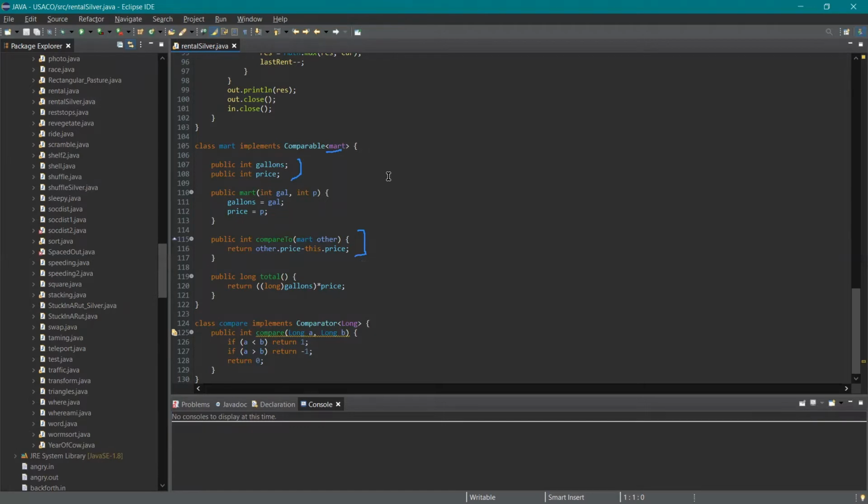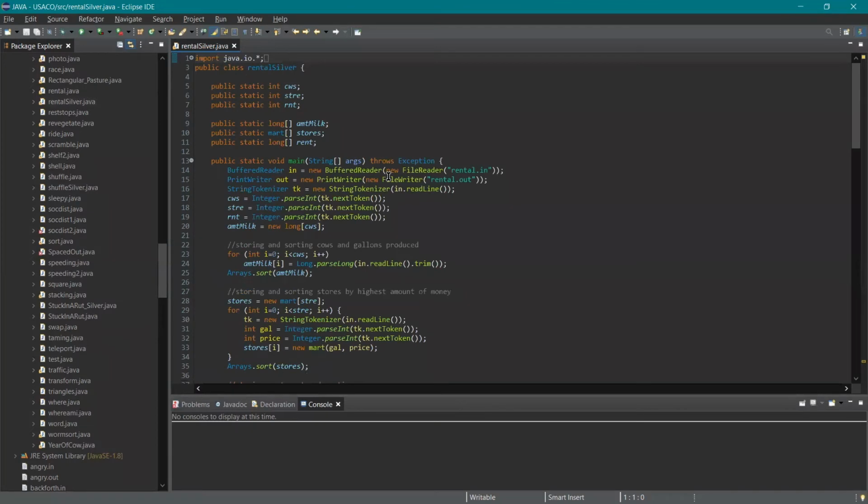If A is less than B, then return 1, and if A is greater than B, return -1. We're trying to sort it so that the highest price is up front, so that when we try finding the maximum price, we can find it much more easily.